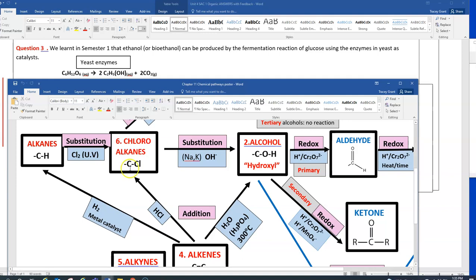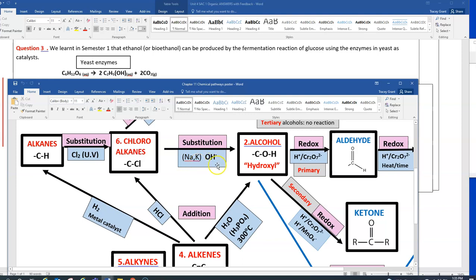And then the step before that, you would have had ethane. So to go from ethane to chloroethane to ethanol, you're swapping or substituting the hydrogen here for a chlorine, and then you're going to substitute or swap the chlorine for an OH to make your alcohol.